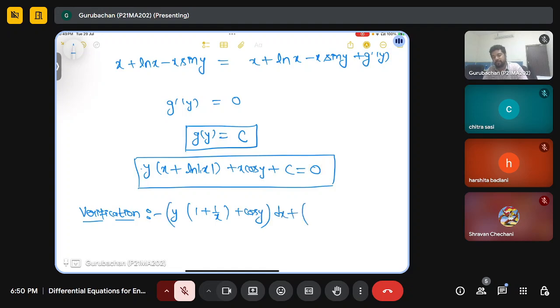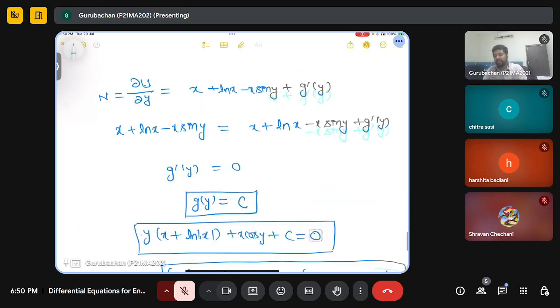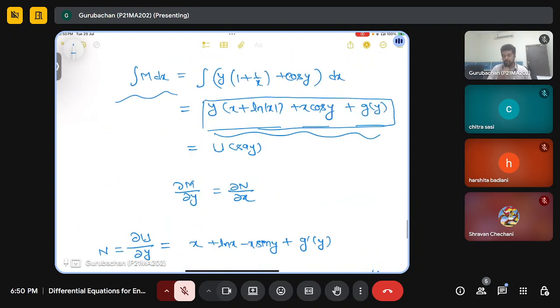And now with respect to y, this will give you (x + ln x minus x sin y) dy. Is it the same differential equation that you are searching for? Yes, sir. So why is it happening like this? Can you guess it? Why is this happening?